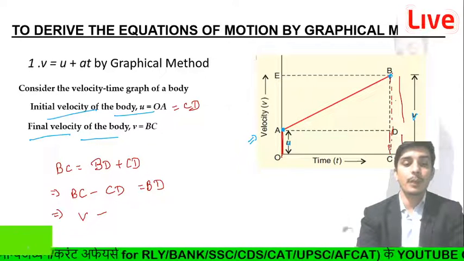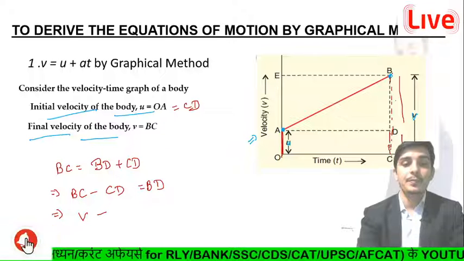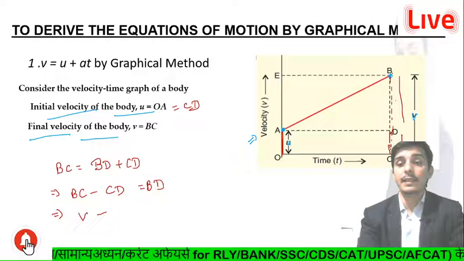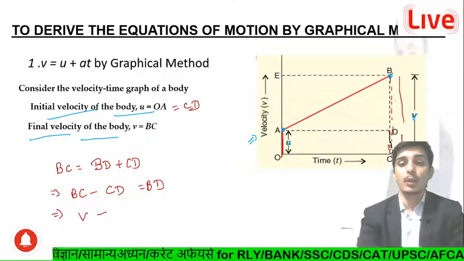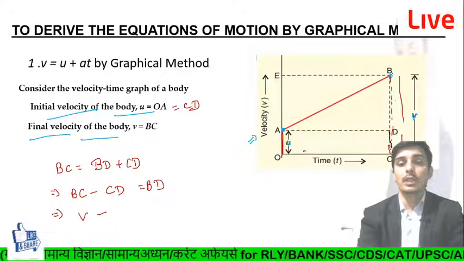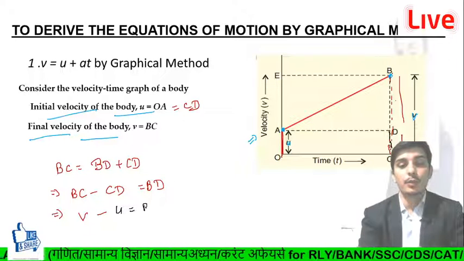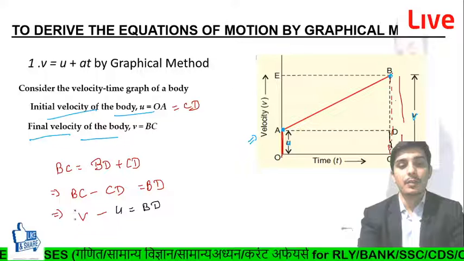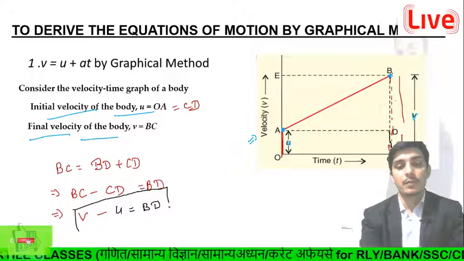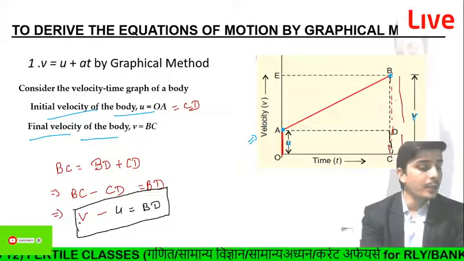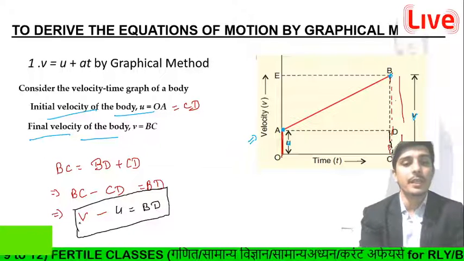So this length CD is equal to OA, and both are equal to u. So we can write u is equal to CD, and BD is v minus u. Now everything clear? Please write yes in the chat box guys, everyone.